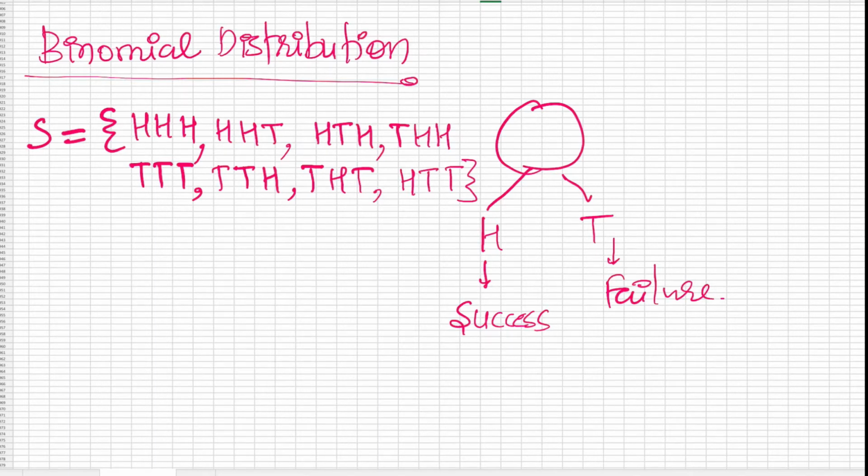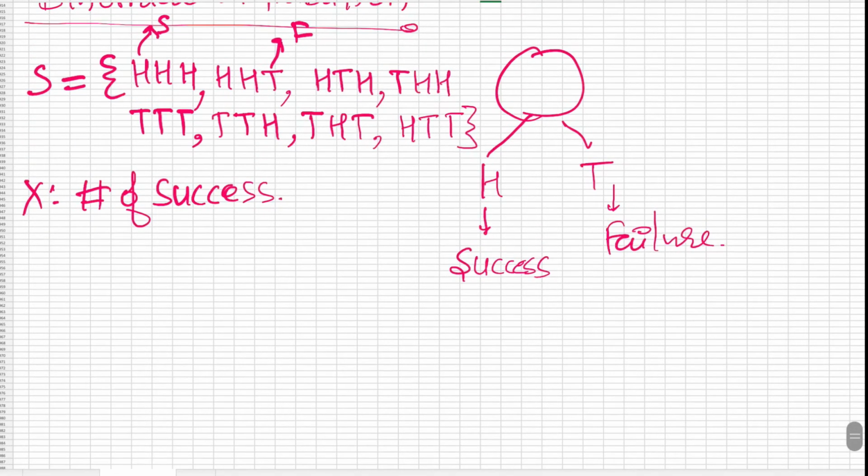When we say head is a success, meaning S, and tail is a failure, we can define a random variable X as the number of successes, I mean the number of heads that appear in the outcome of the random experiment. The maximum number of heads, meaning successes, would be 3, meaning all 3 times we toss the coin we get head.